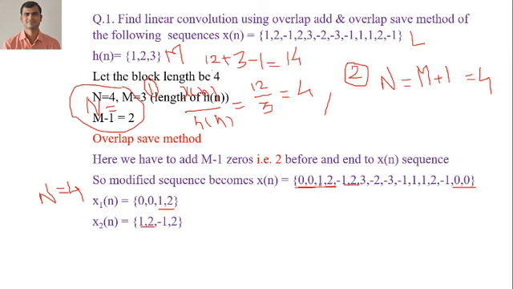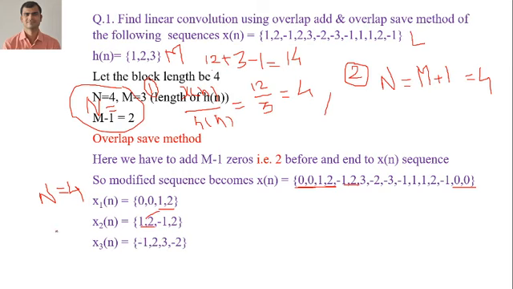So we have taken 0 0 1 2. Then the m minus 1 samples of the last sequence. The last sequence is x1n, and its last samples 1 2, so 1 and 2 will be here. They will be the initial samples of the next sequence, and again we require 2 samples to make the block length 4.